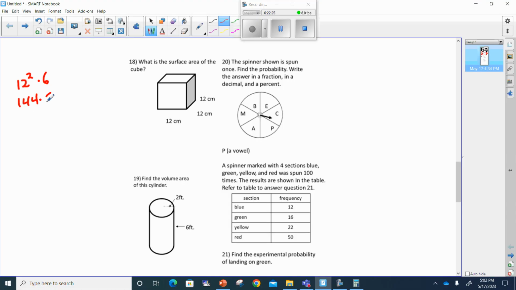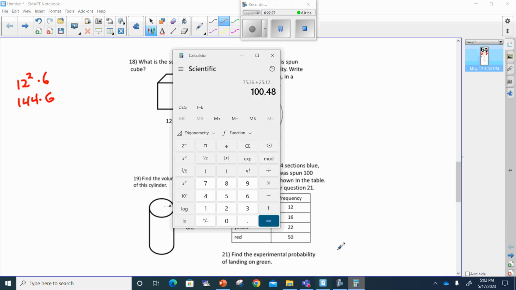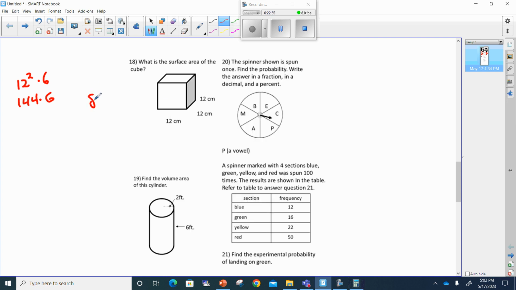So I know 12 times 12 is 144. 144 times 6, well, that's the real question, isn't it? 144 times 6 is going to give us 864. This is 864 centimeters. That's its area squared.